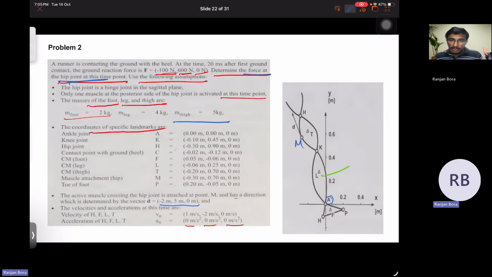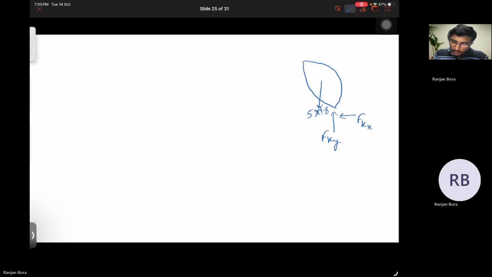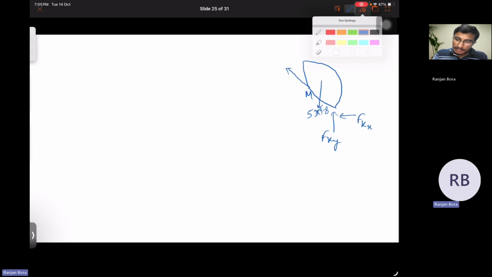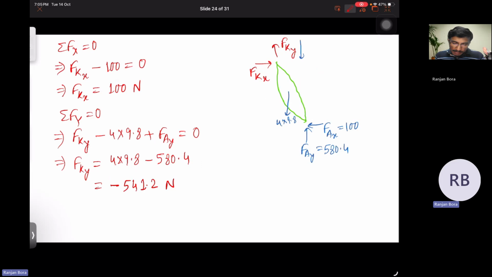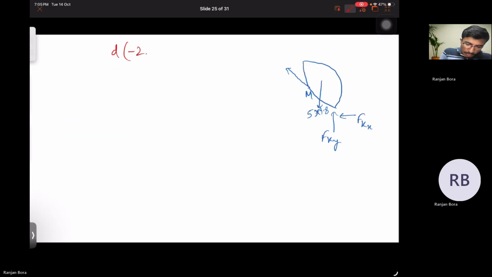From these coordinates, we need to find the unit vector. This direction of the muscle, this is point M, and D is given as minus 2, 5, 0.